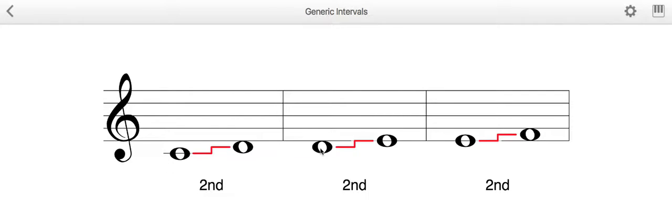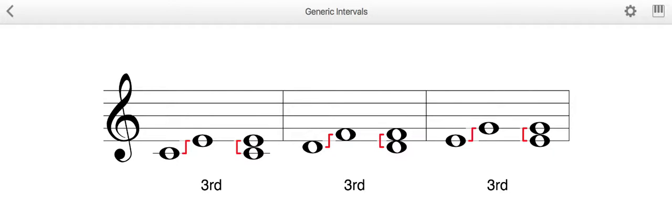D to E is also a second, 1, 2. And E to F is a second, 1, 2. These would be, as we've talked about before, half steps and whole steps. But for measuring intervals, we're not going to worry about the quality. We're just going to talk about the size, a second apart, 1, 2.